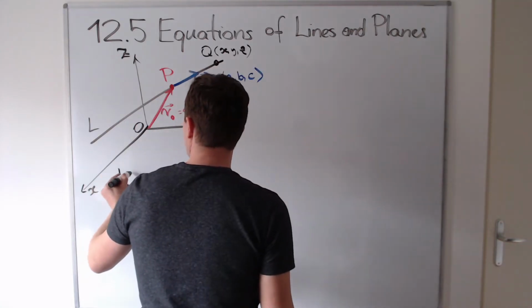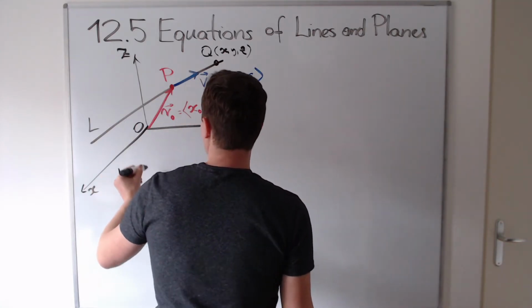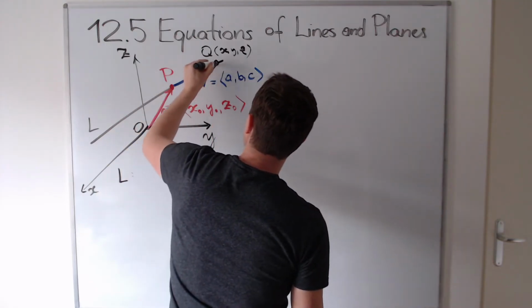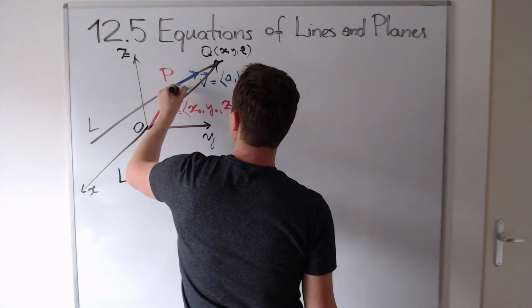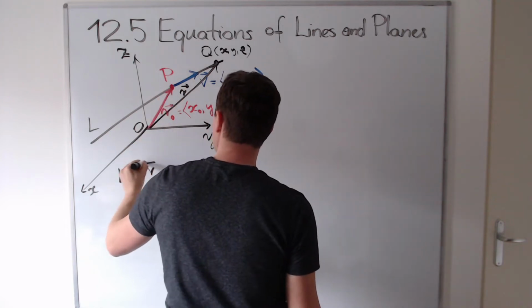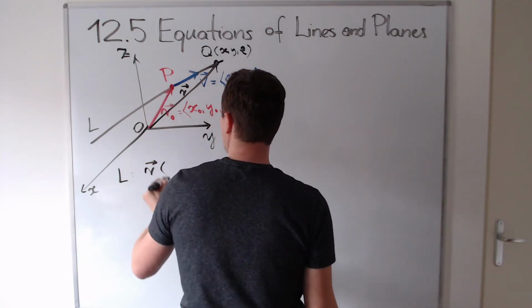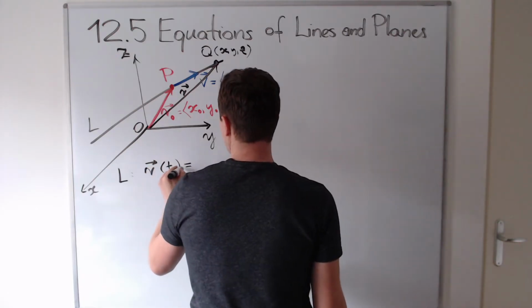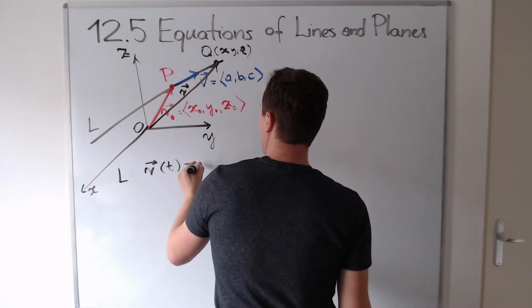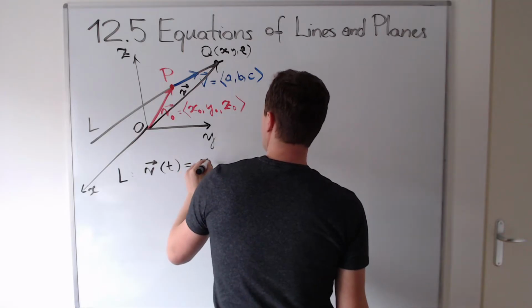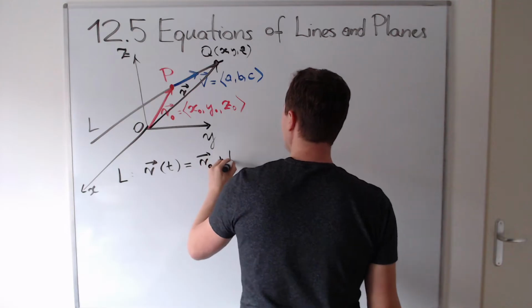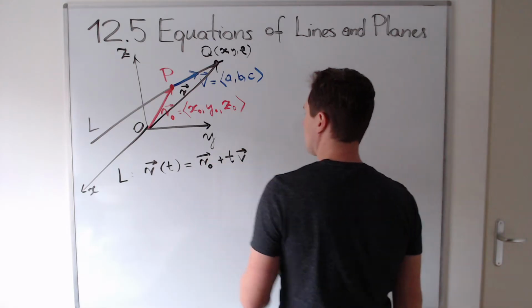So the position vector R pointing to any point on the line depends on a parameter t, and it's the position vector to P and then some multiple of the direction vector v.